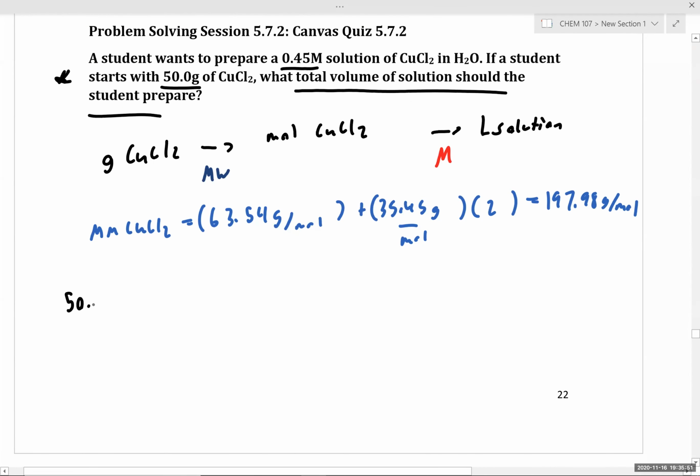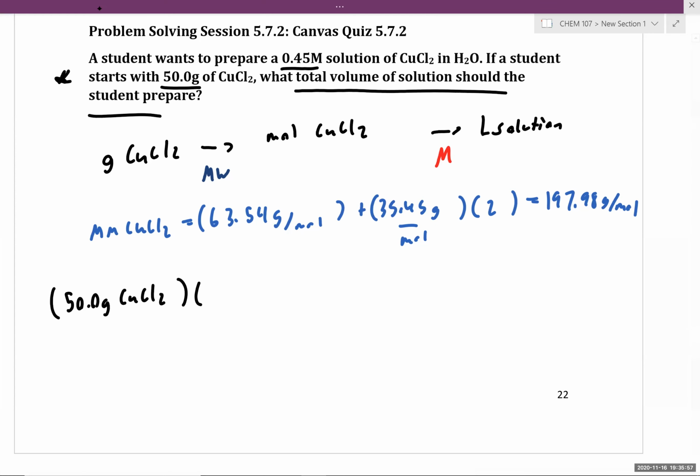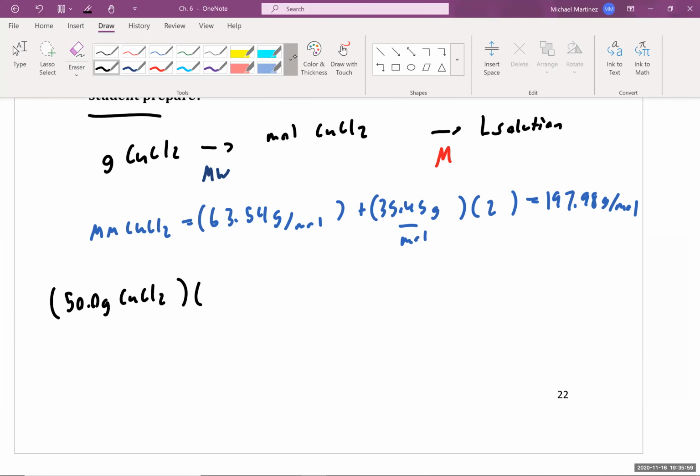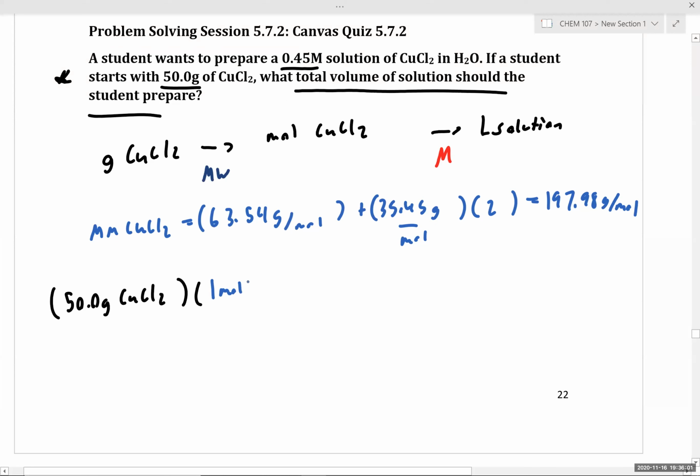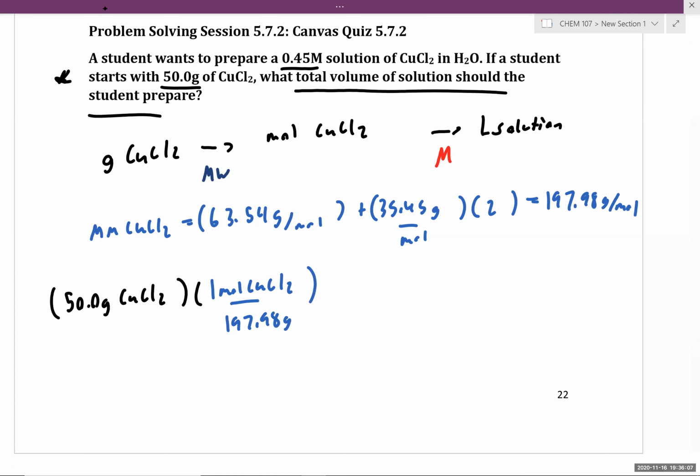Okay, so now we have all the tools we need to execute on this problem. Starting off with 50.0 grams of copper chloride, we know in 1 mole of copper chloride, we have 197.98 grams.